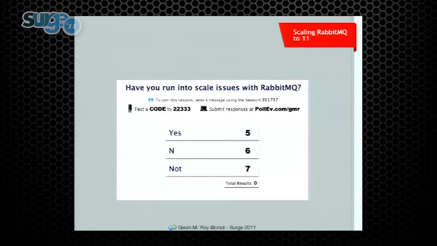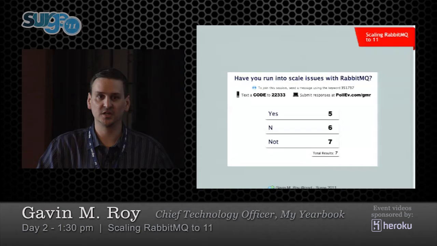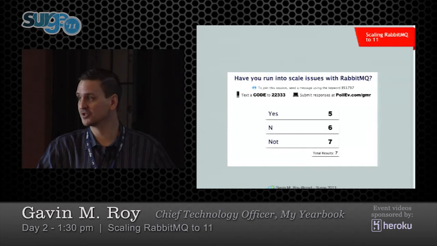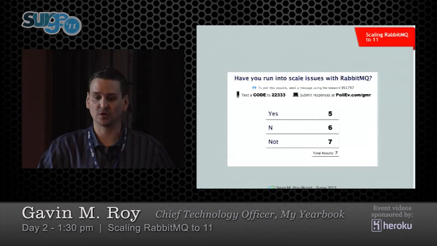So for the, I think, 12 to 15 of you that have used Rabbit in production, have you run into scaling issues? It's one of those things I hear more often than not when people are talking about Rabbit and they're talking about whatever the coolest new technology beyond Rabbit is, things like ZeroMQ or competing projects like Qpid, that Rabbit has scaling issues.